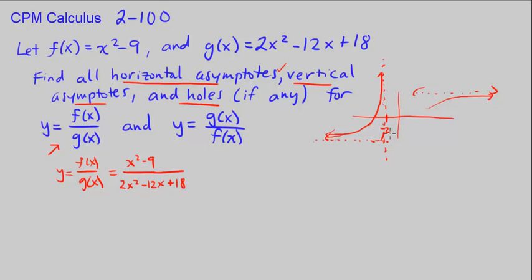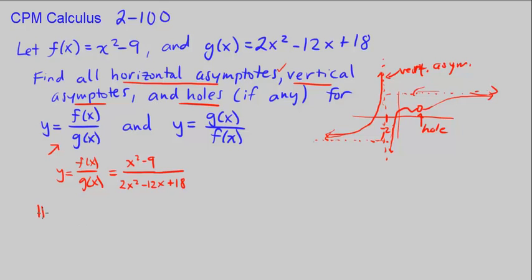And a hole might be where our function just has an undefined point right here. So this is a hole, this is our vertical asymptote, and these are horizontal asymptotes. Okay, so just getting an idea of what those are.